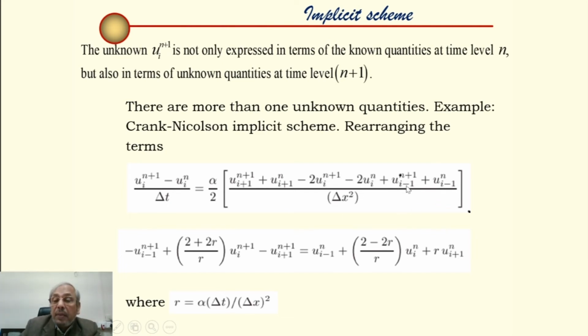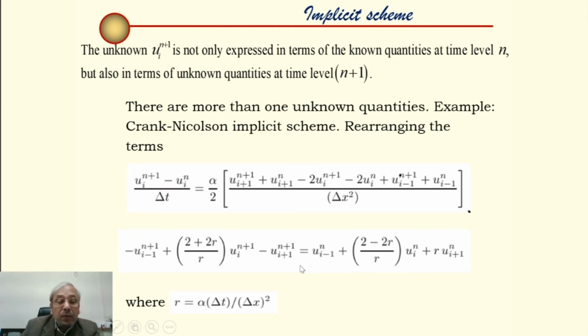Similarly, at the i minus 1 location, u_(i-1) at n plus 1th level and nth level by 2. And then all the values expressed at n plus 1th level are shifted to the left hand side.